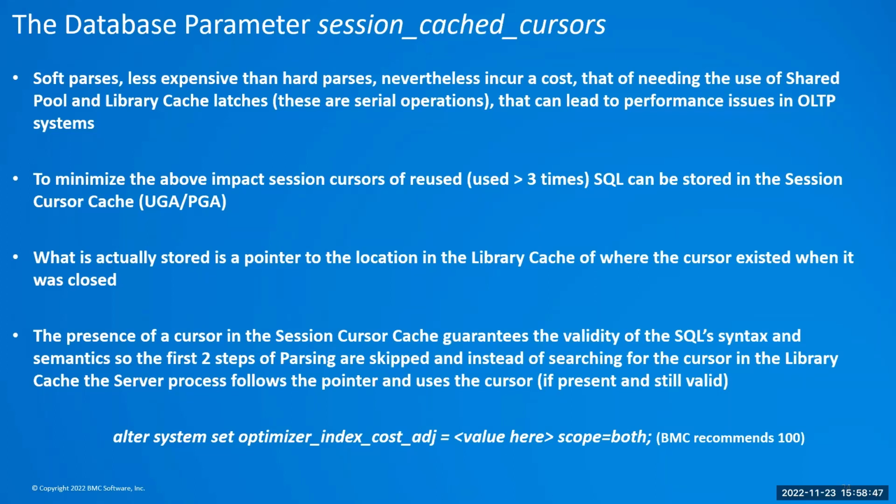Because now the optimizer says, hey, there's a pointer here, and as long as the SQL is there in memory, it just goes and executes that SQL without doing anything at all. So that is a saving again, because you're saving on latching, et cetera, in the database. So this is a good parameter to have.